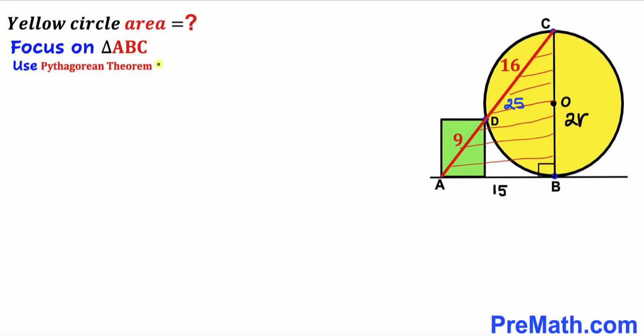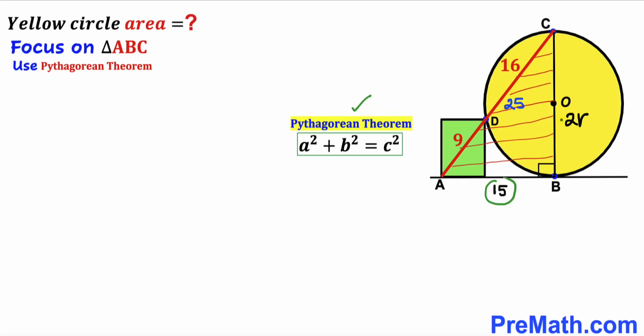Now we are going to apply the Pythagorean theorem to calculate the radius r. Here's our Pythagorean theorem: a square plus b square equals c square. In our case, our two legs are 15 and 2r, and our hypotenuse is 25. So 2r whole square plus 15 square equals 25 whole square.